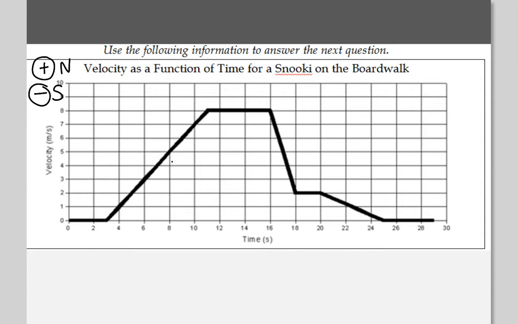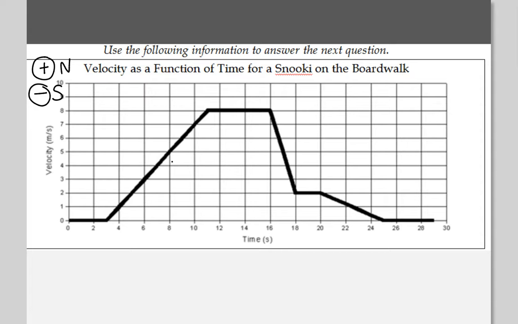Oh yeah, we do have some. Let's just be careful. The positive for north and the negative for south is for the velocity. If you're above the x-axis, you're traveling north. If you're below the x-axis, you're traveling south.